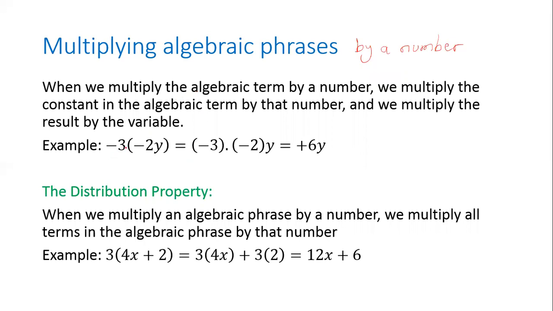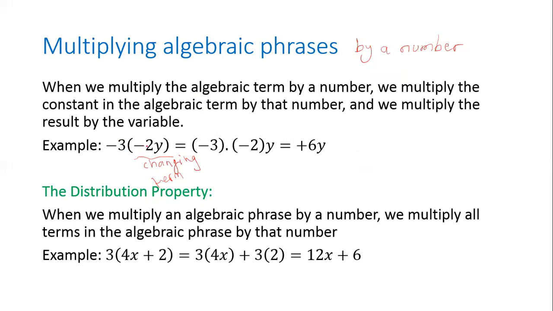In order to multiply a changing term by a number, we multiply this number by the coefficient that exists in the changing term. So here is the changing term. Here is the coefficient, and here is the number we are multiplying the changing term by.